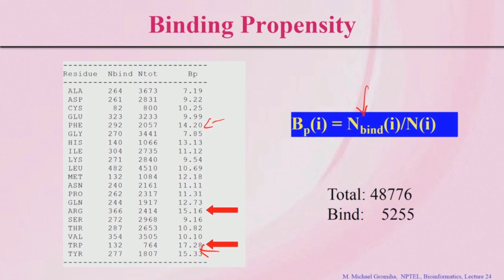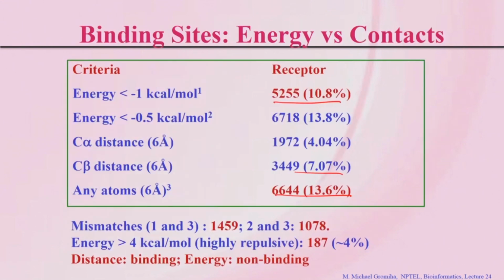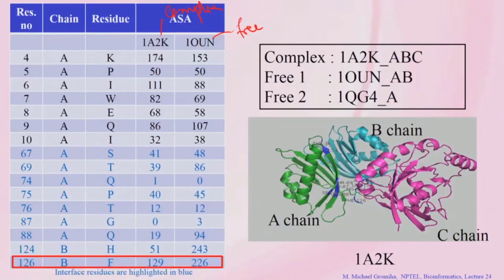In this case what do you need? We need the partner, because the binding propensity will tell you which residues are preferred at the interface, like arginine, tryptophan and tyrosine. To understand the type of interactions, we need the partner. For example, tyrosine or arginine, which type of residues are they trying to interact with? In this case you take these residues in this complex.